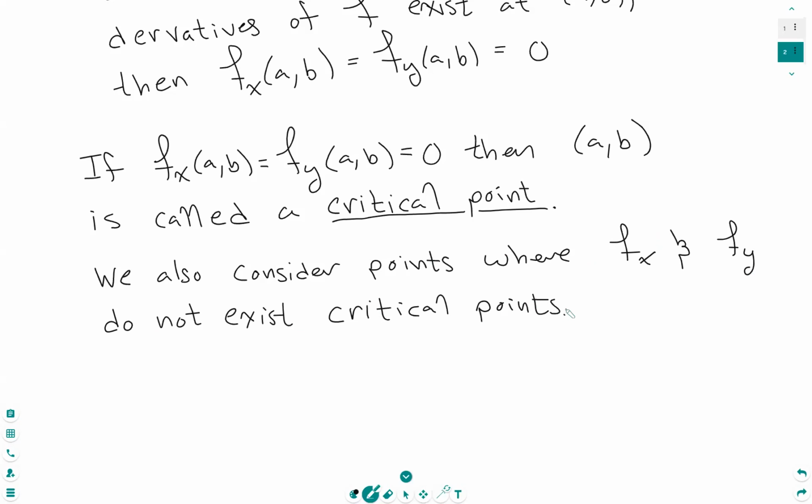So anywhere where the derivatives don't exist, we also classify those as critical points because we can't rule out that those are in fact mins and maxes as well.